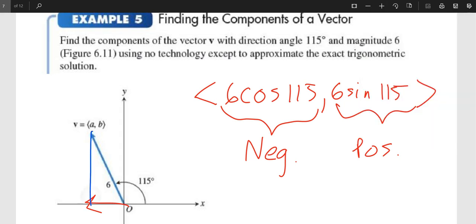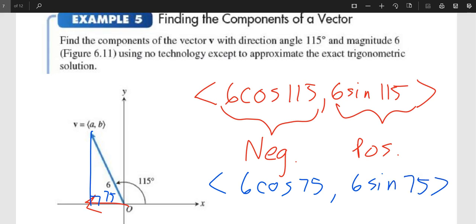All right, now, folks, I want to show you one more way to do this before we leave. What if we looked at this triangle right here? The angle inside here is a 75-degree angle. What if instead of using cosine 115, I use 75? So we'd have 6 cosine 75 and 6 sine 75. There is going to be one major problem with this particular answer, although this is another way to handle it. What do we know about 75 degrees? What do you know about the x and the y?